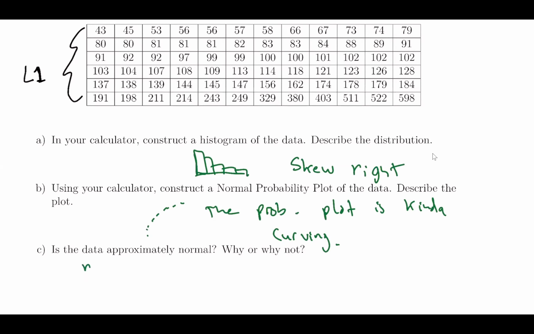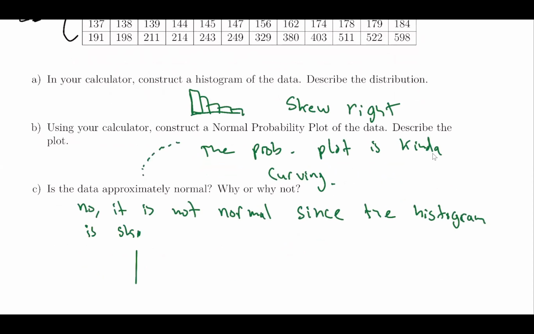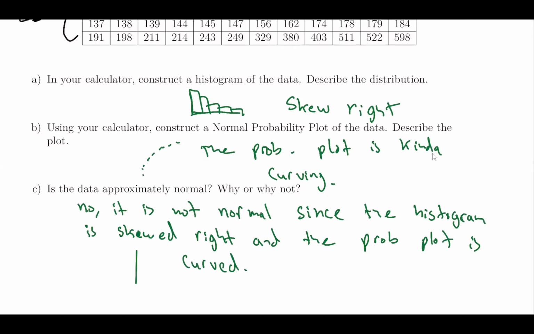So we'll say no, it is not normal since the histogram is skewed right and the probability plot is curved.